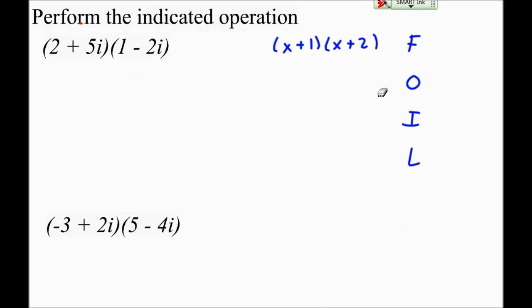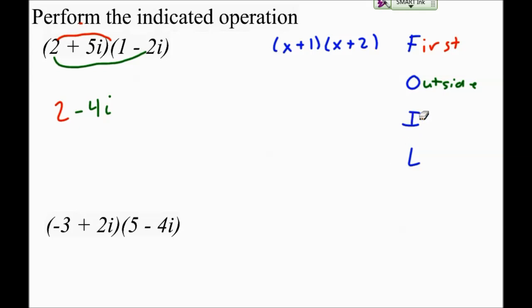Here's how it works. I'm first going to multiply the first terms, which in this case would be 2 times 1, so 2 times 1 is 2. Second, I'm going to multiply the outside terms. That's going to be 2 times -2i, which gives me -4i.